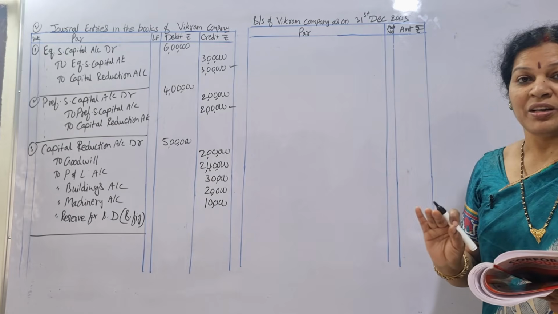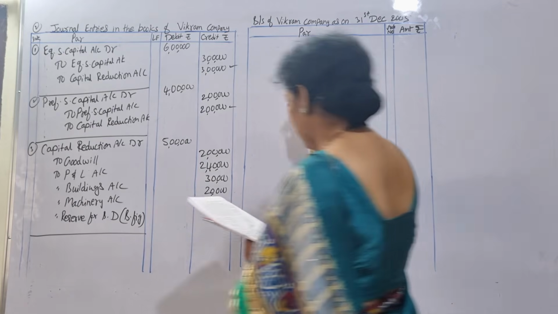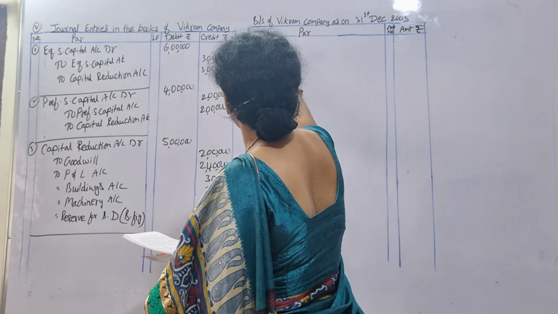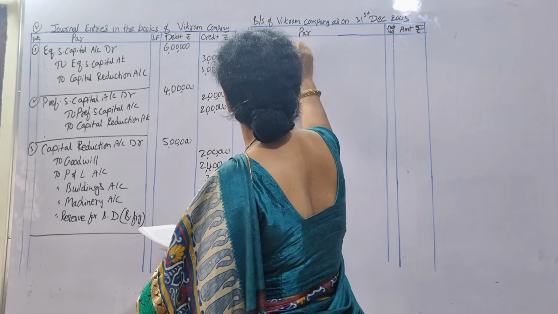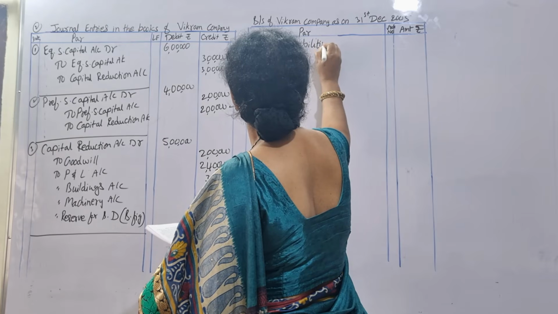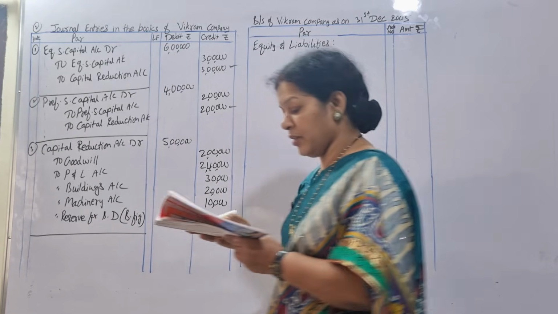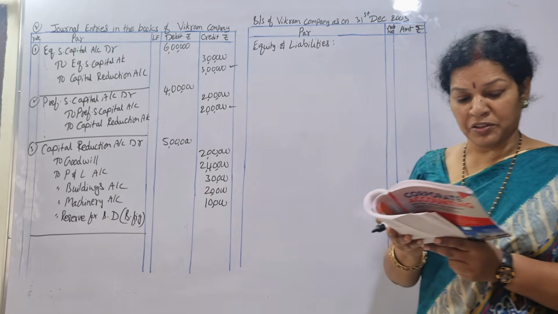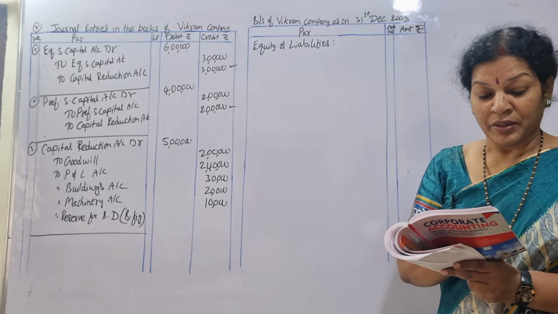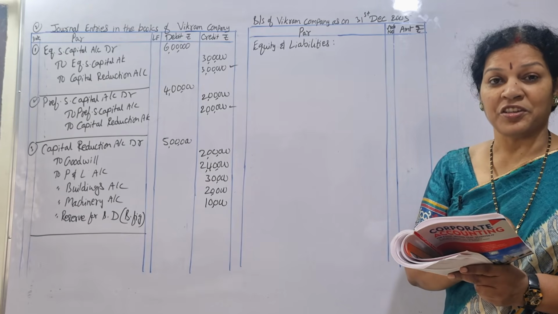In liabilities, we'll write one heading, that is equity and liabilities. What are the equity and liabilities here? First of all, we'll focus on the liabilities side. Under equity and liabilities, you can take shares.